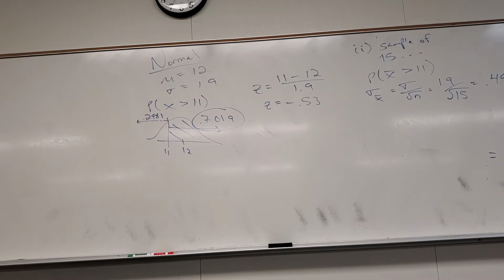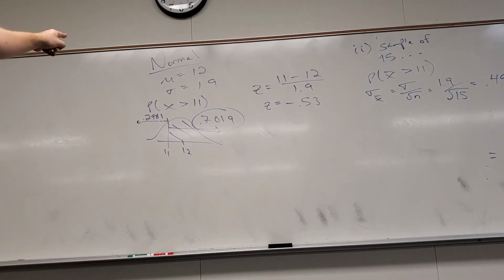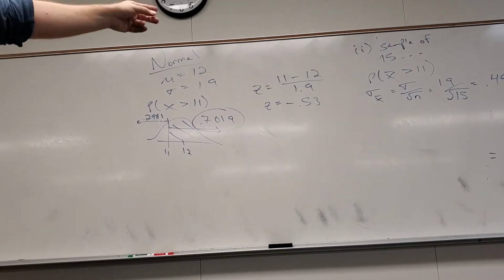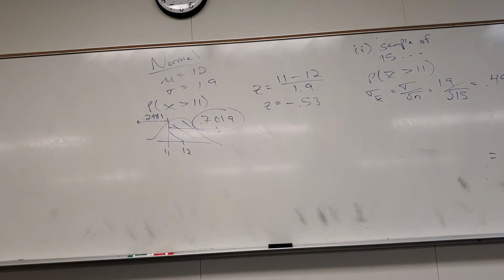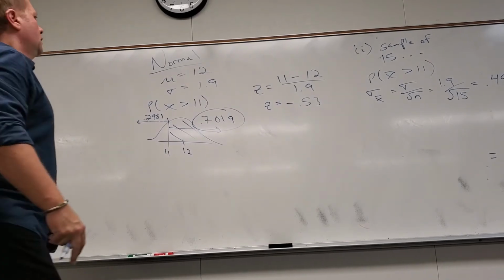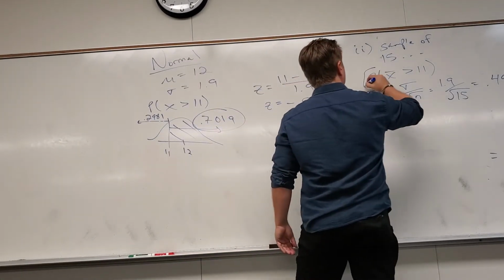You know there's going to be a problem like this where I give you a normally distributed thing, and I ask you a question about a probability, and then I say, what if we take a sample of so many? You have to change the standard deviation, right? Jeff always asks a similar question.